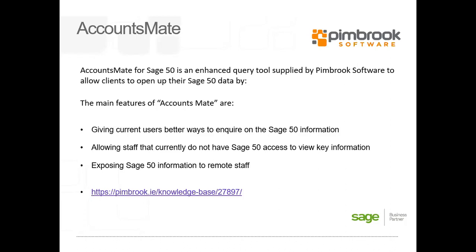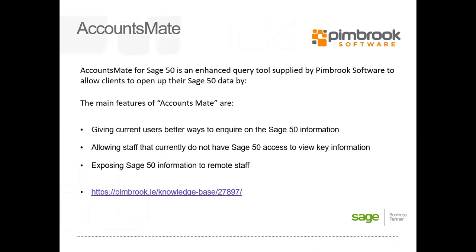One of the features of AccountsMate is, for instance, you do not need an additional Sage license to run AccountsMate. You can use this to access multiple companies, and you don't need Sage to be installed on the computers.